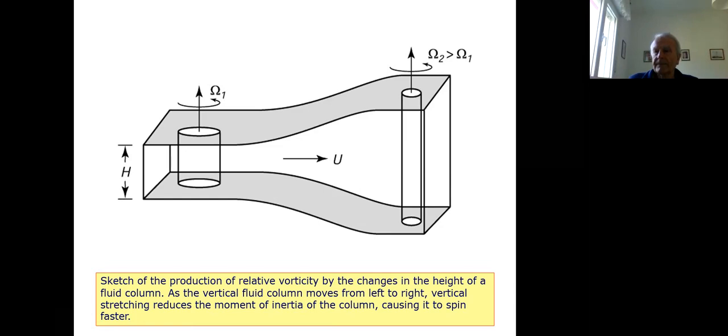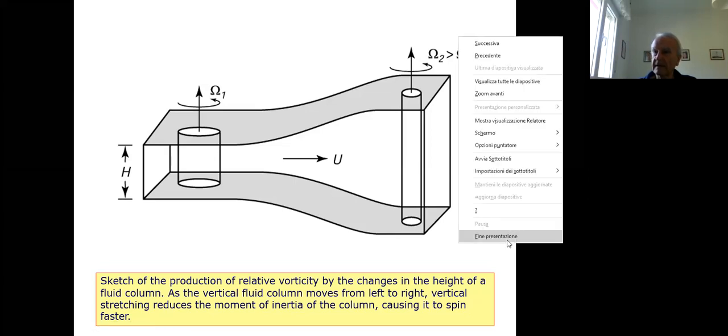So we can generate the relative vorticity of the water column due to the spatial variability of the wind field. And we can cause the faster spin of the water column simply due to the spatial variability of the wind field.